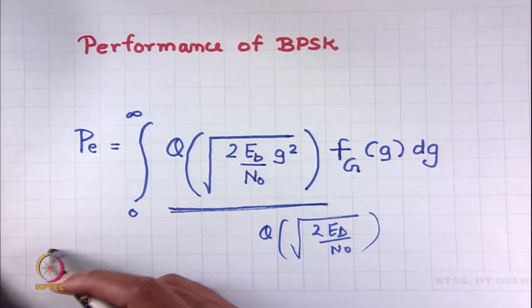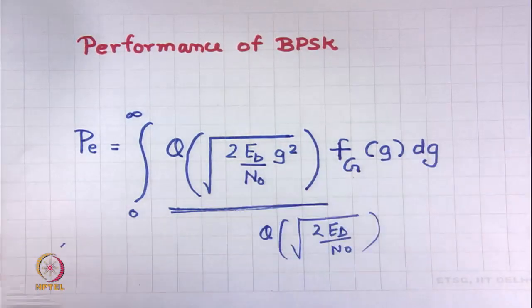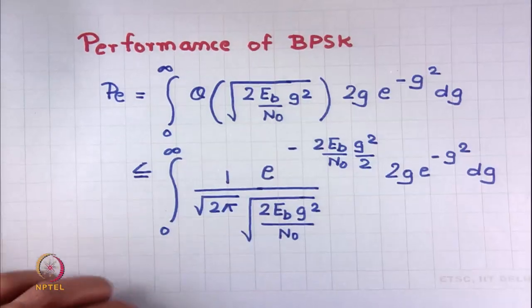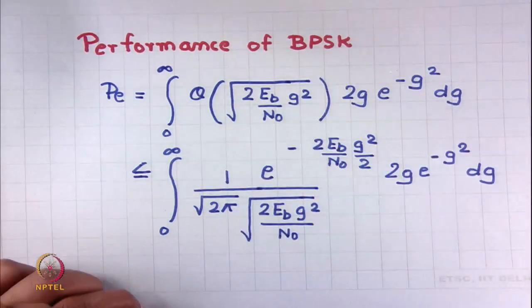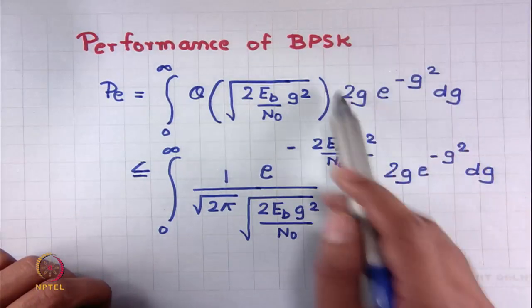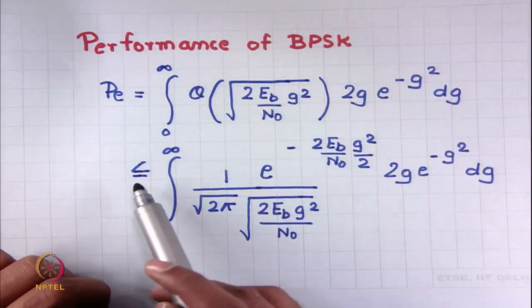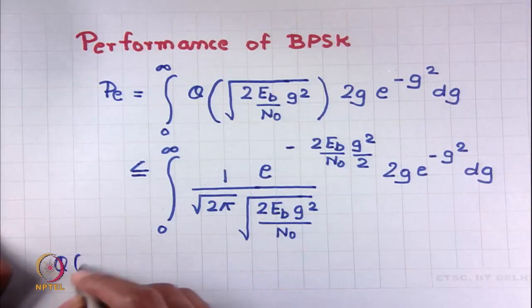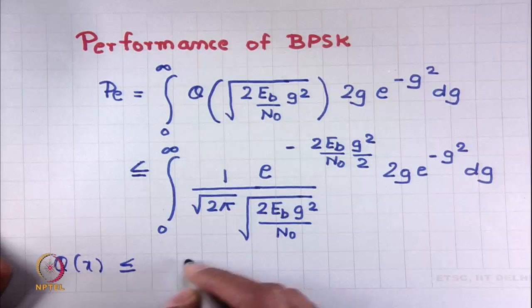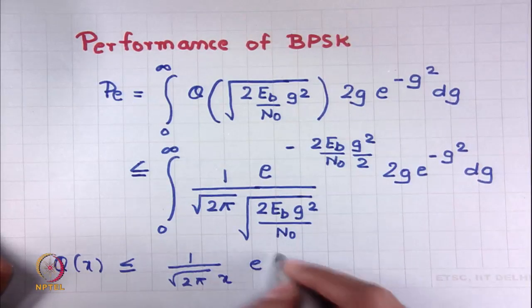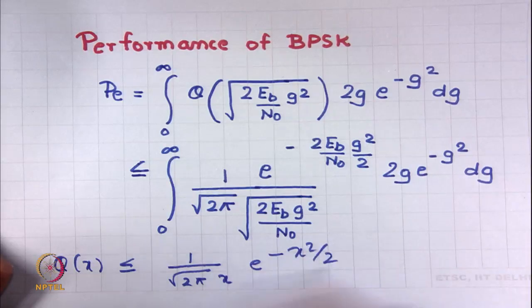Now, when we have to solve this, let us look at the bound of this expression. We know the probability density function of G is this, and we can use one identity that Q of x is always less than 1 by root 2 pi x e to the power minus x square by 2.